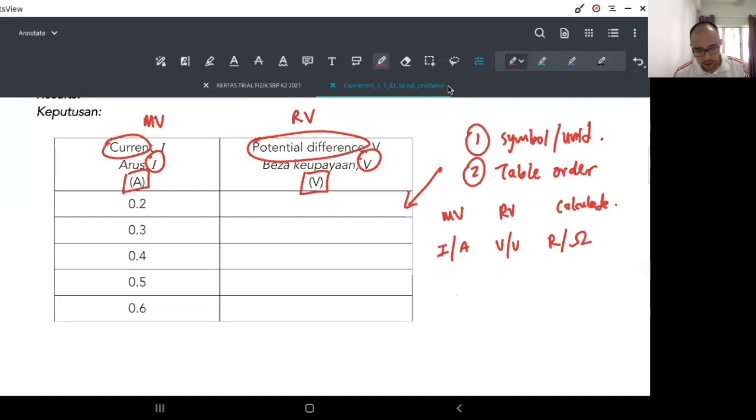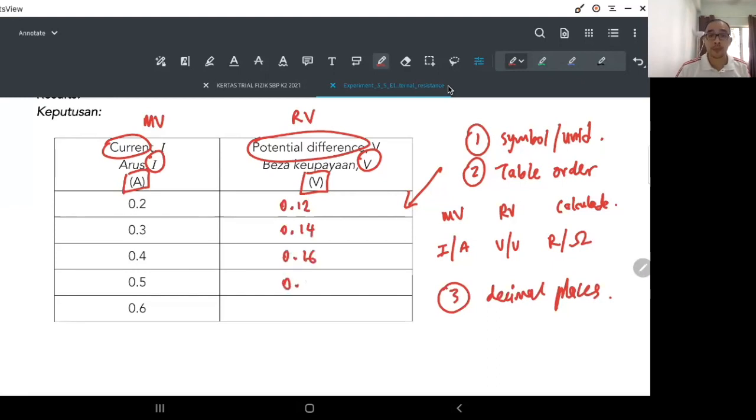Okay, and then of course the third, and for me the most important one, is the decimal places. The decimal places need to be the same in the same column. So let's say for example, your current all is 1 decimal place, but your potential difference, example lah, let's say here 0.12, 0.14, 0.16, 0.18, 0.2.